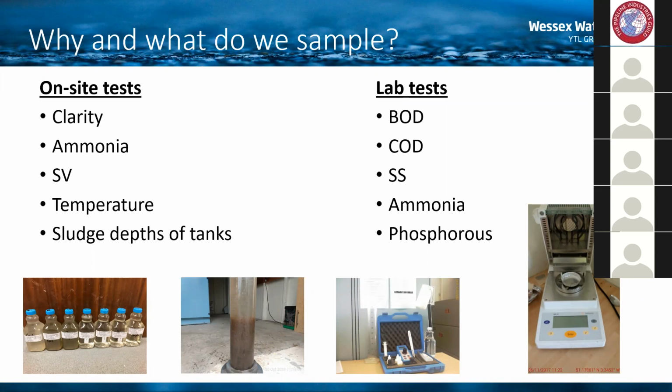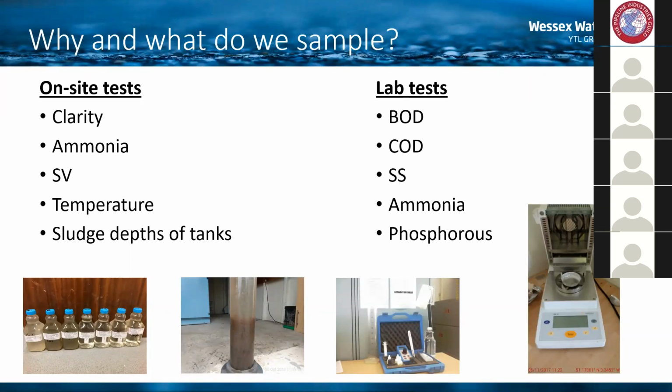Another test we carry out quite often is the SV test, which stands for settlement volume, and that's the second image along the bottom that you can see on this slide. It looks at how well the sludge actually settles, and that helps us to understand how healthy it is and how well it's settling in the final settlement tank.